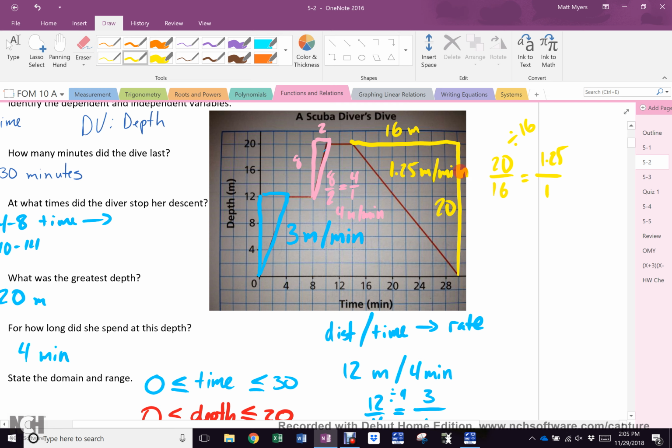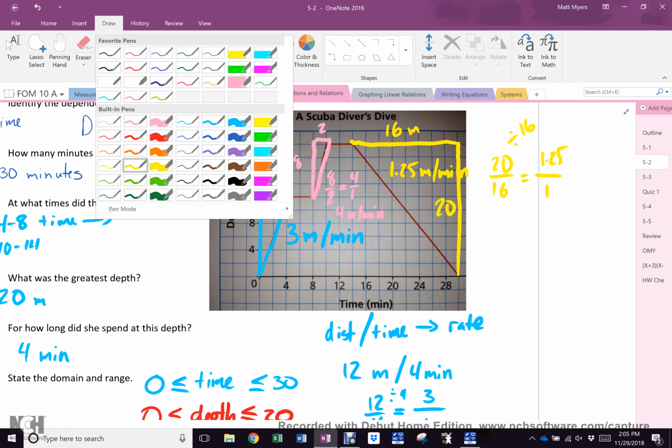And you can see it is a lot less steep. Does everybody understand? The steeper it is, the faster the change is occurring. It's not necessarily a speed.